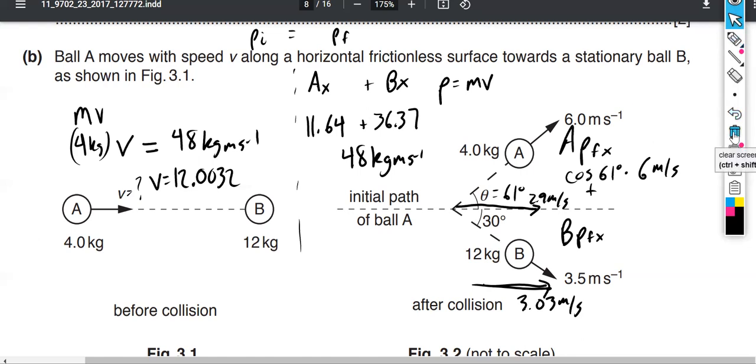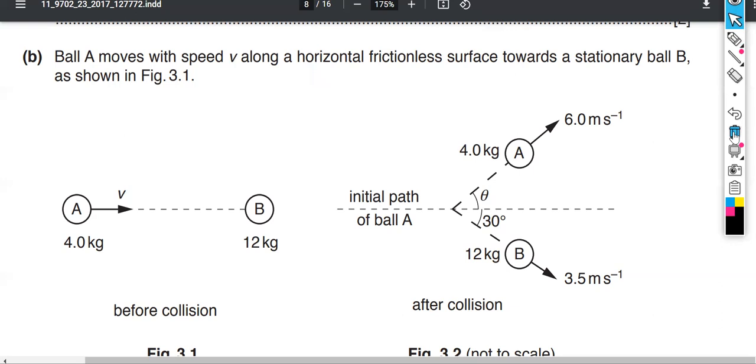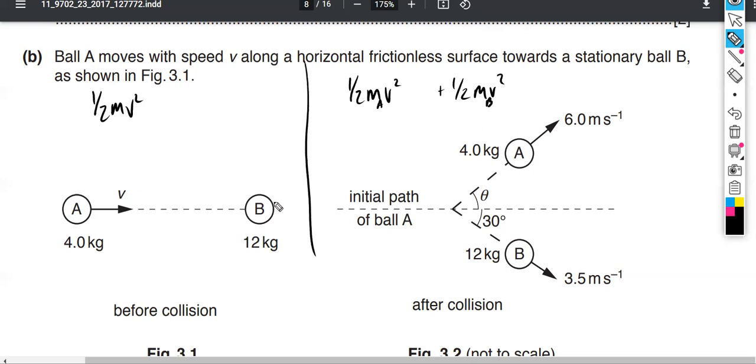All right, you may recall that they asked us to determine whether this collision is elastic or inelastic. And so we should be able to do that easily. One half mv squared for A, one half mv squared for B, so we have before and after. There's zero kinetic energy from this one because its velocity is 0.